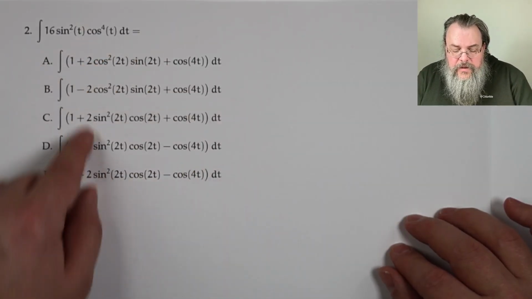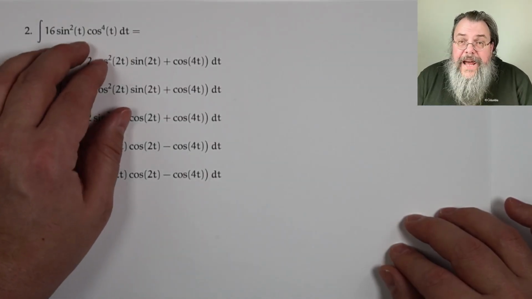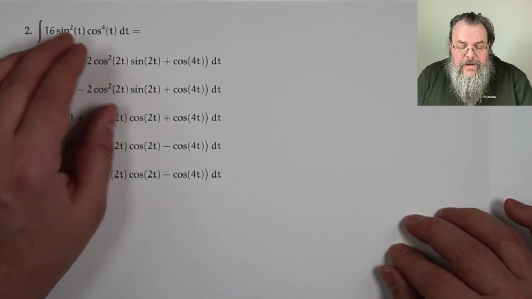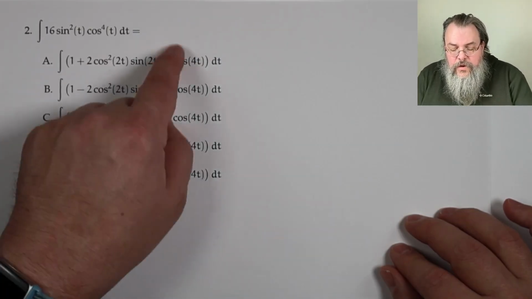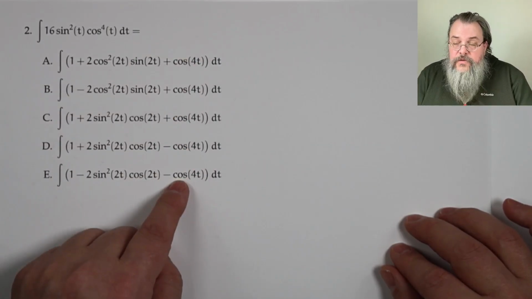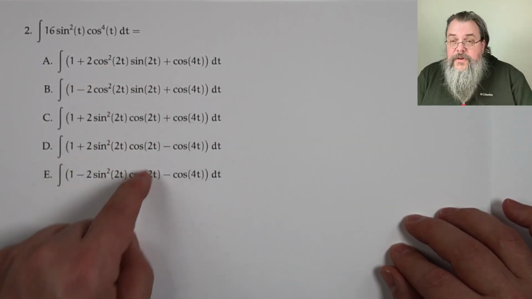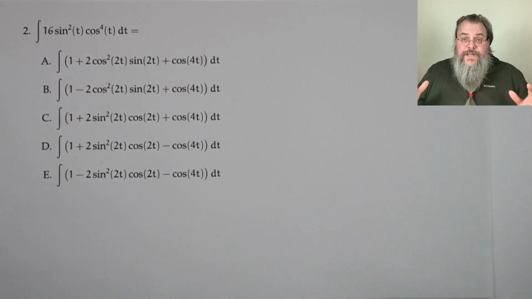Here, we don't have quite as much, and you'll see we don't have a way to directly integrate that. But each one of these could be integrated. You know, the ones, yeah, no problem. Cosines, great, we can do that. And cosine squared times sine, or sine squared times cosine, all of those can be integrated.